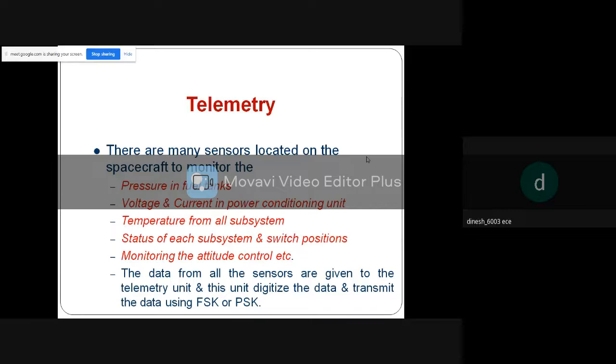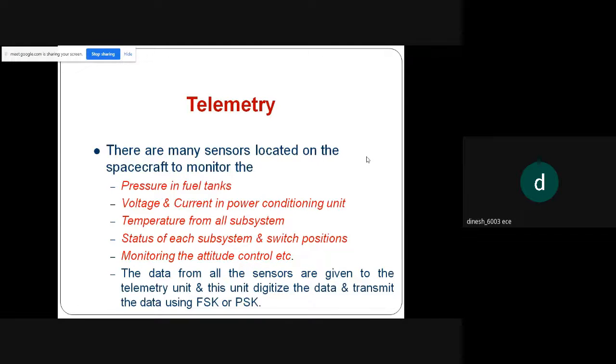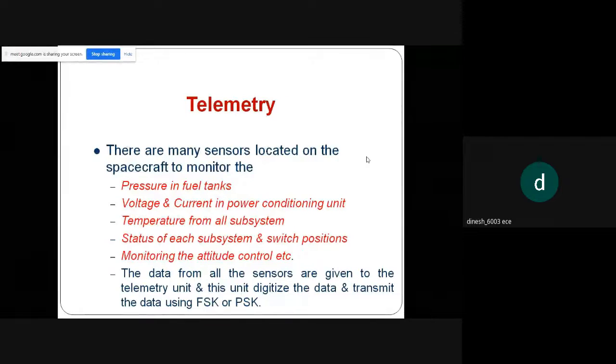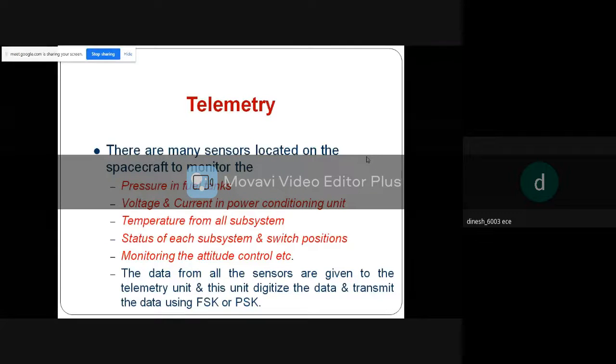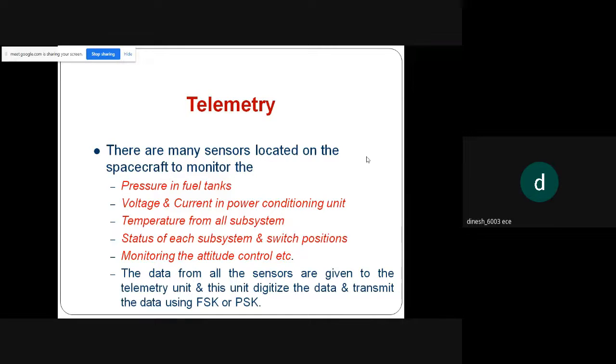The status of each subsystem and switch positions can be tracked, whether the switch is working or damaged, over voltage, power short circuits, monitoring the attitude control, whether it is present in the correct orbit, and orbital location. All can be done by using many sensors.